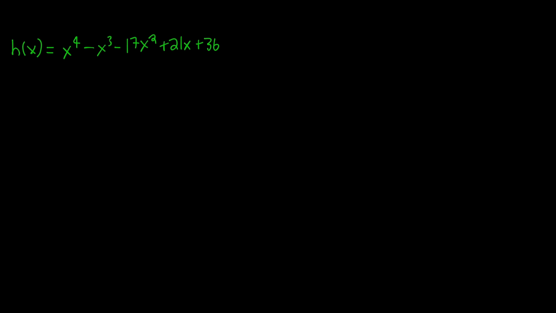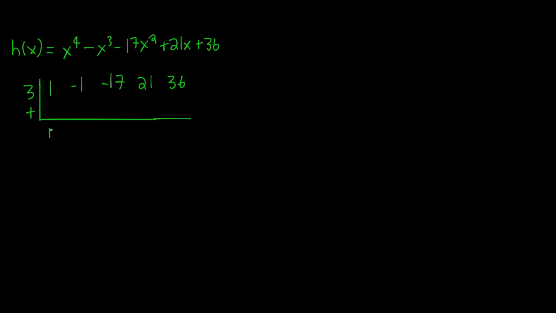So first off, we find that 3 is a factor. Steps 1 and 2 should be reasonably obvious for how to check, so I'm going to skip ahead to step 3. So we have 1, -1, -17, 21, and 36. I'm going to go plus there, and we just checked for 3.